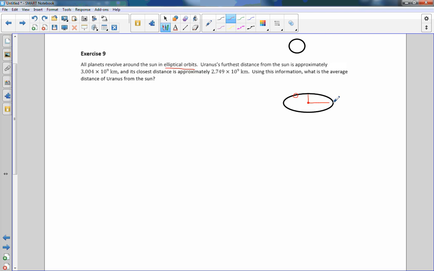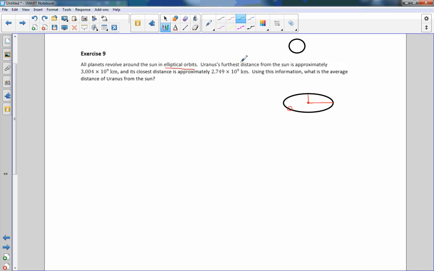And if it's way over here, that's the furthest it's going to ever get from the sun, as this gets moved around like this. It is orbiting this sun, okay? So when it's here, it's closest to the sun, and when it's here or over here, it's the furthest from the sun, and that's what we're doing here. All right, so that's the explanation as to what this question is saying. So now let's answer the question.